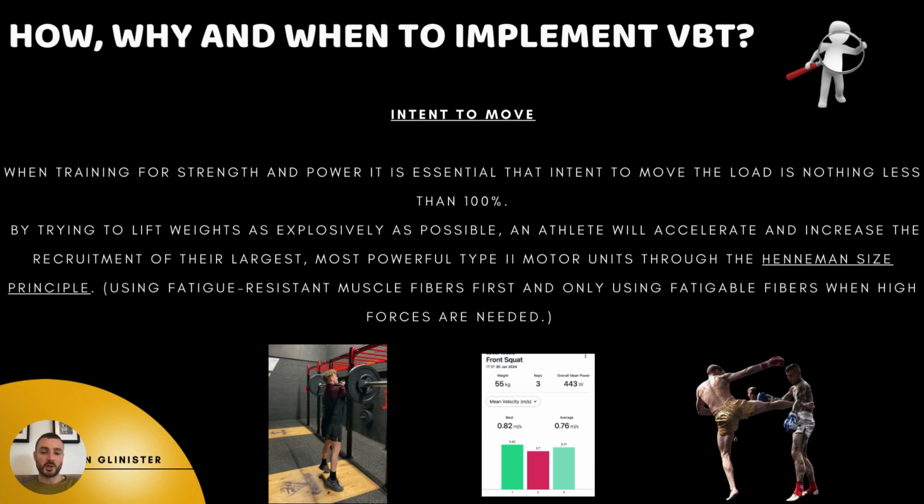For example, loaded jumps, Olympic weightlifting derivatives. These are all explosive movements, even ballistic movements and plyometrics. This in turn trains our body to accelerate and increase the recruitment of the largest, most powerful type 2 motor units. So that's how we get the Henneman size principle trained and more efficient. That then carries over to whatever sport we're doing.